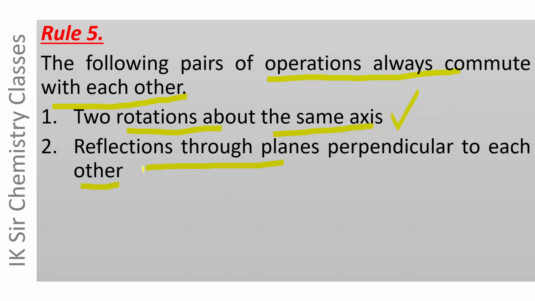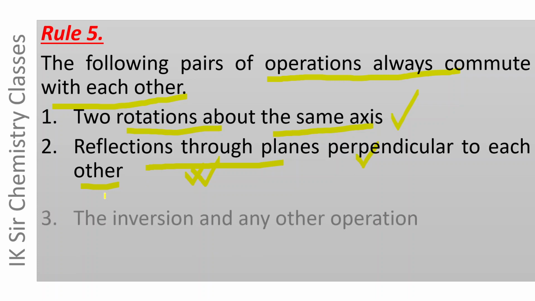For example, in H2O molecule, reflections through xz and yz plane which meet one another at 90 degree commute with each other. Sigma xz and sigma yz symmetry operations commute with each other, while in NH3 molecule the planes of symmetry meet at 60 degree, and hence sigma a, sigma b and sigma c don't commute with each other.